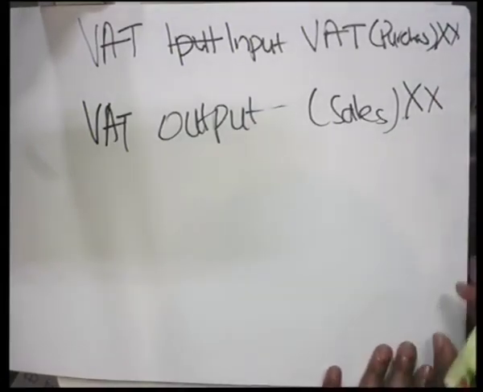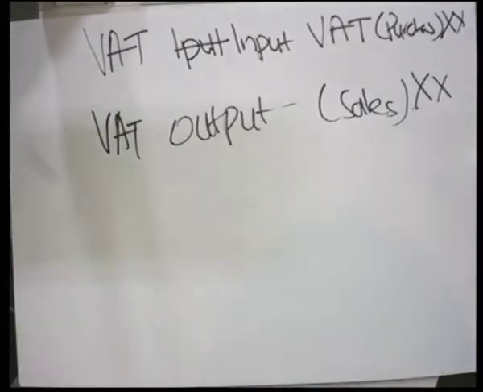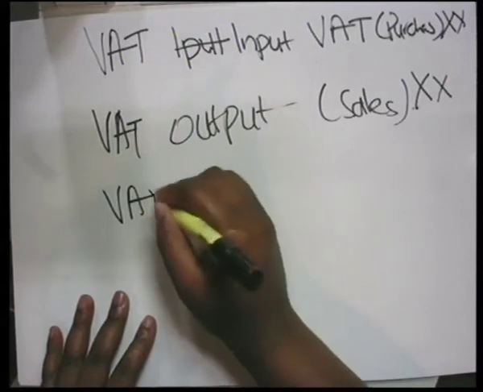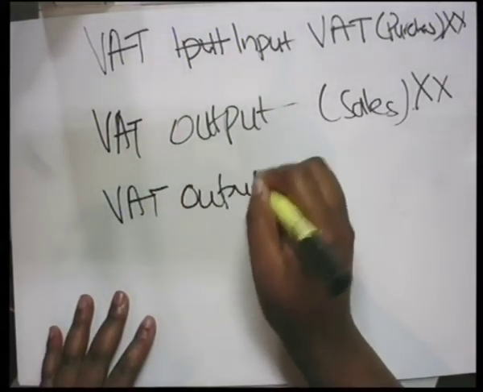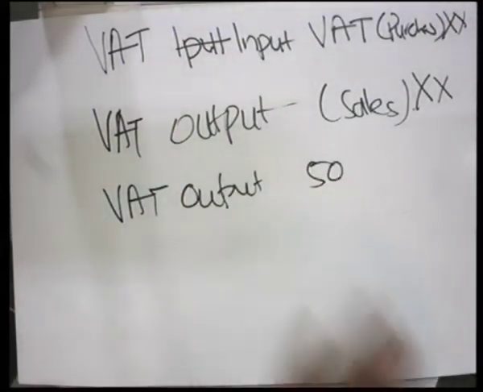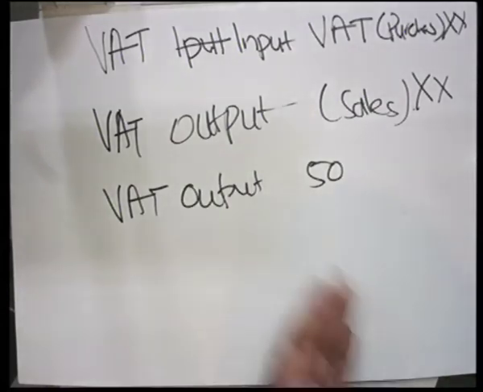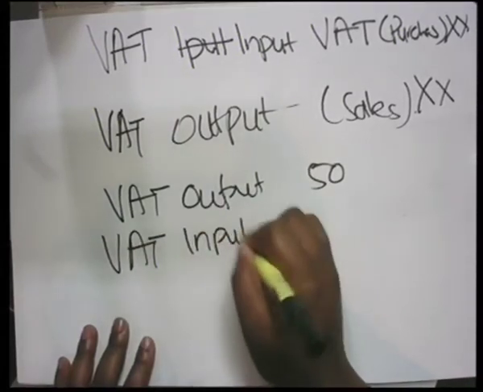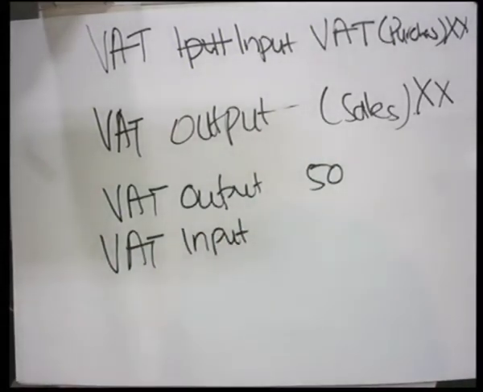money back. So what happens on a normal VAT return form, when you submit your VAT, you say your VAT output, for example, 50. We charge people $50 Namibian. This is what we have to give you back. But we were also charged on our VAT input when we purchase materials or whatsoever.